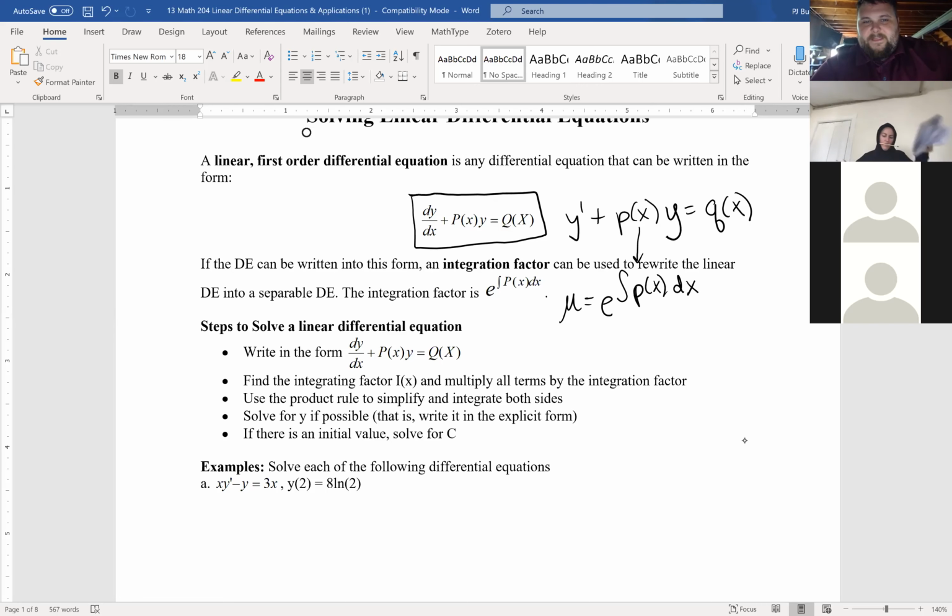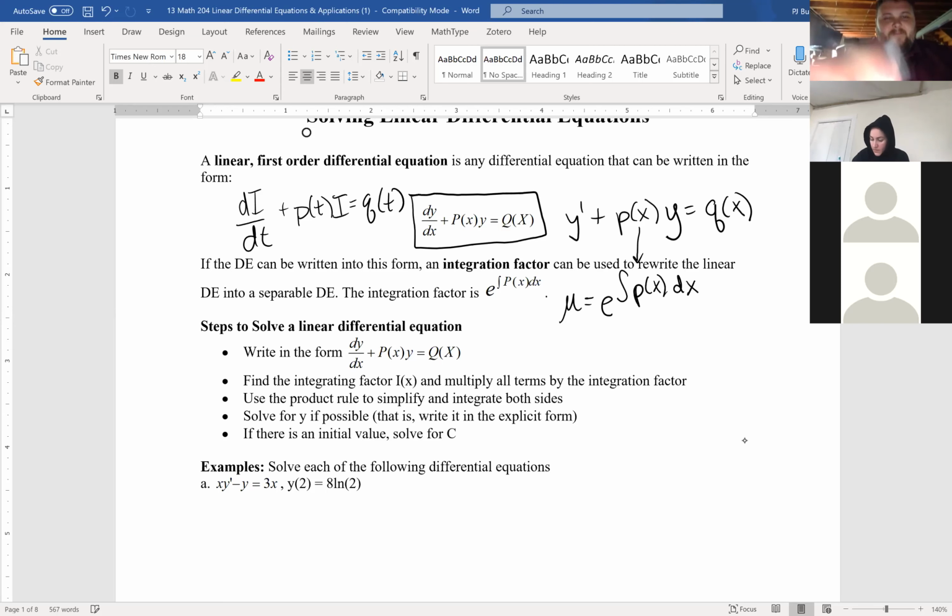And of course, the equation could be dy dt, or we'll see something like di dt later. Okay, so it doesn't have to be x's and y's all the time, but it does have to be in that format.